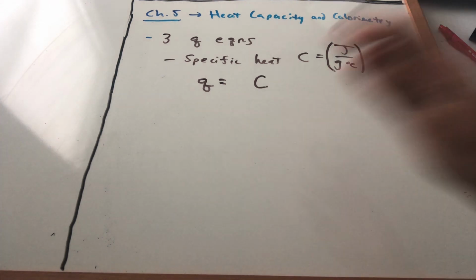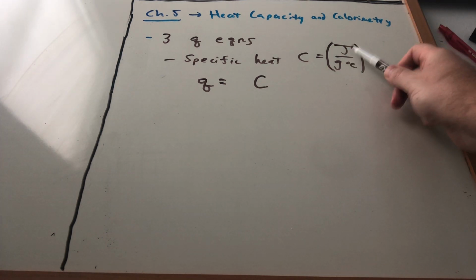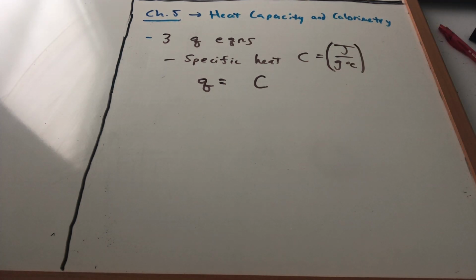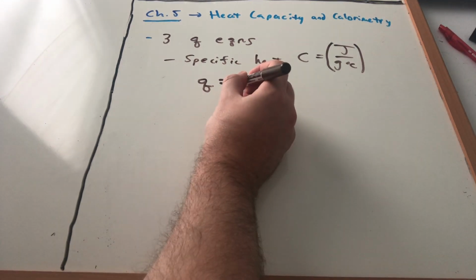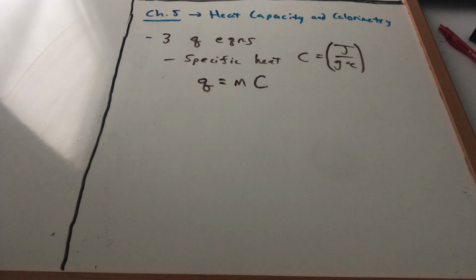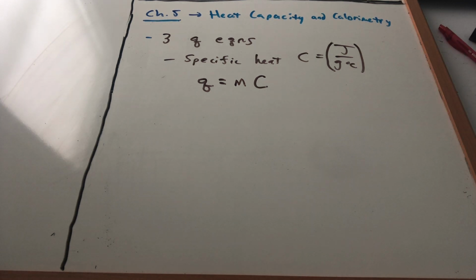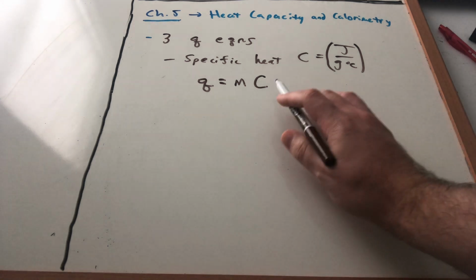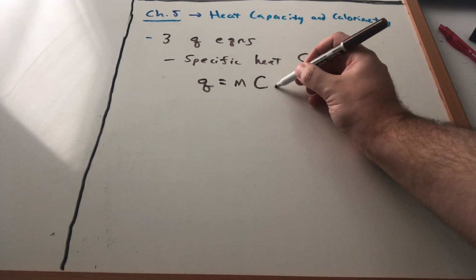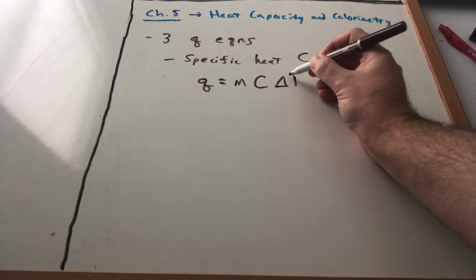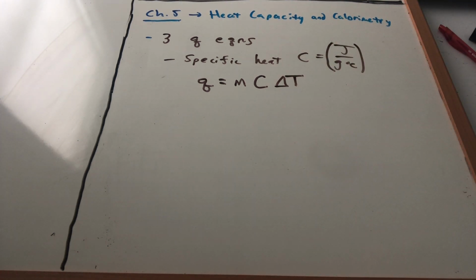If I want to relate heat to C, thinking of this as a conversion factor, how do I isolate joules? Grams is in the denominator, so I'll have to multiply by mass. What else is in the denominator? Degrees Celsius. So I would multiply by temperature, except we're going to be talking about changes in temperature.